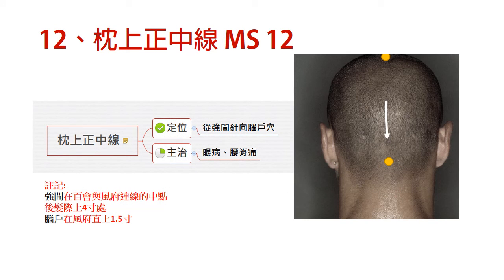MS12. Upper middle line of the occiput. MS12 location is on the occipital area, a section of the Du channel from GV18 to GV17.